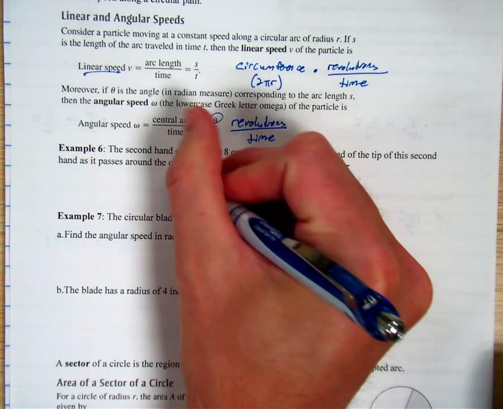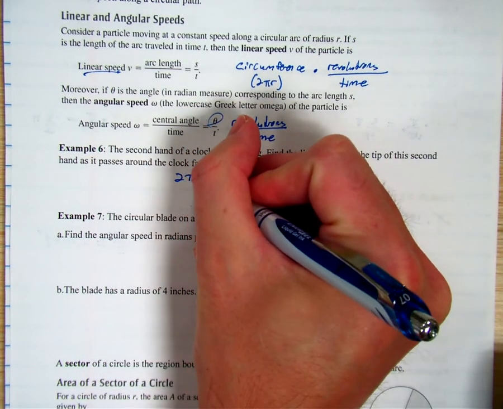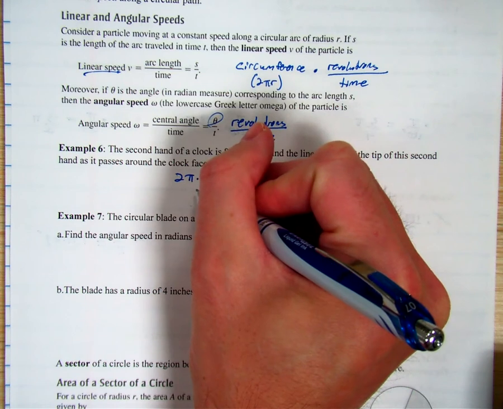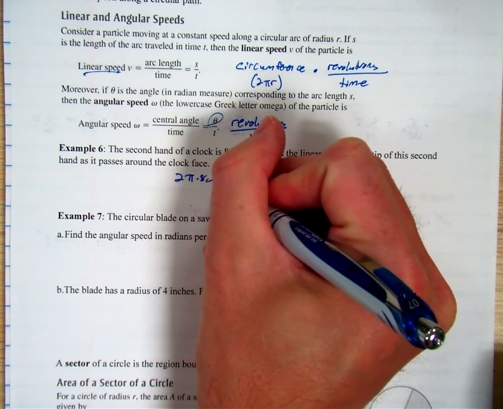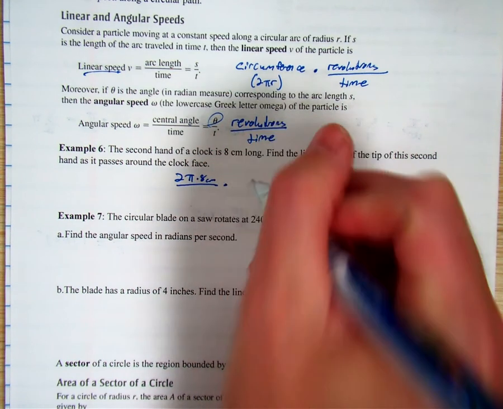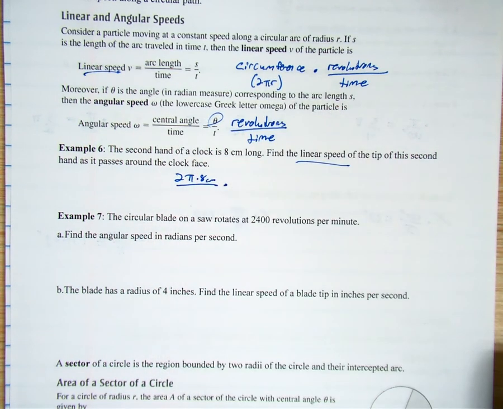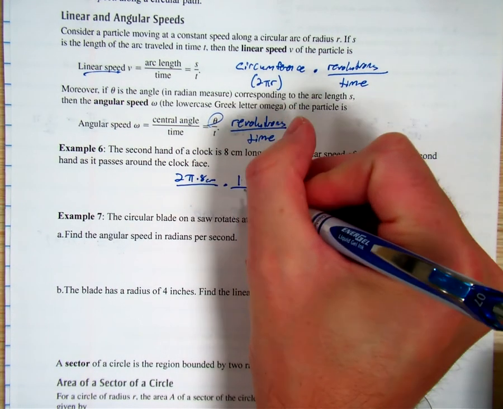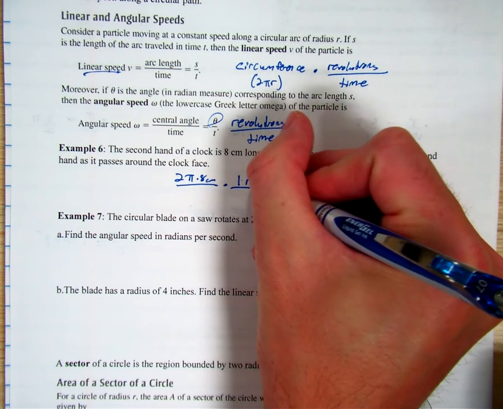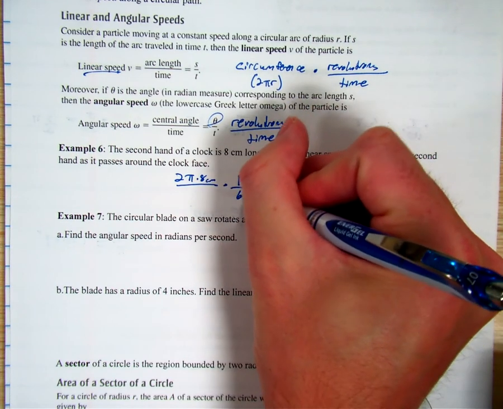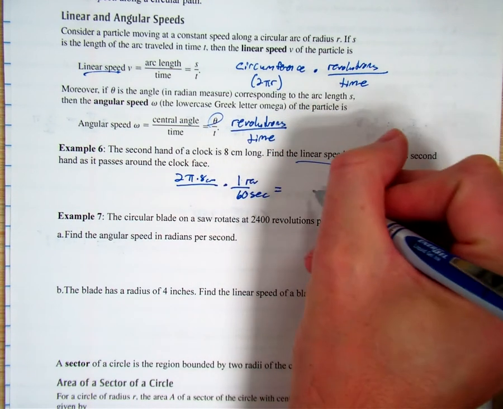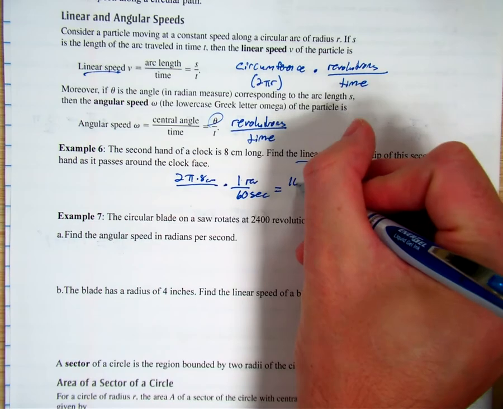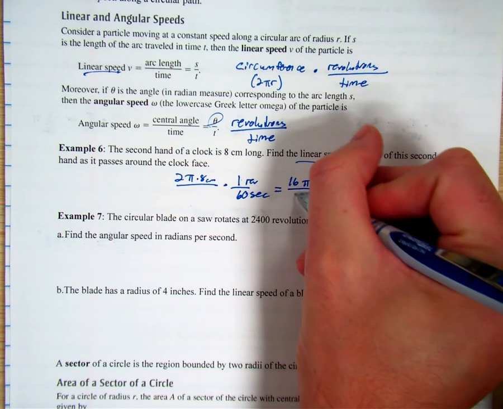So we need circumference. 2 pi times 8, it's moving 16 pi centimeters every minute, right? Takes the second hand 60 seconds to get around there. So 1 revolution per 60 seconds. So we'll have 16 pi over 60 seconds.